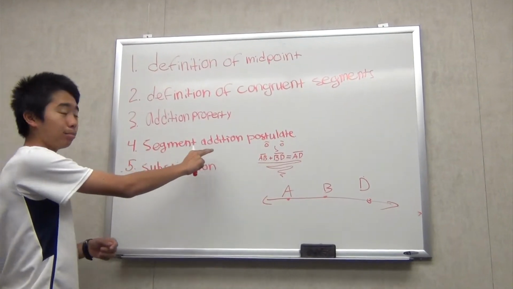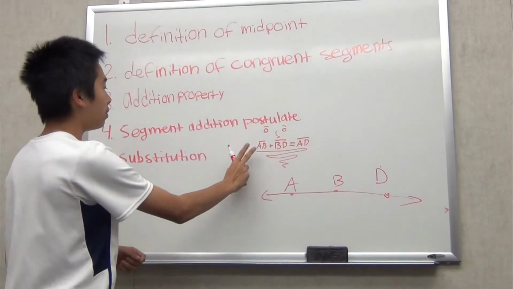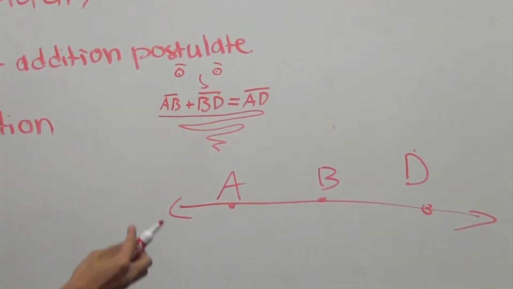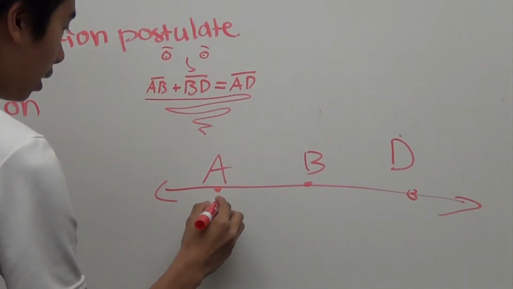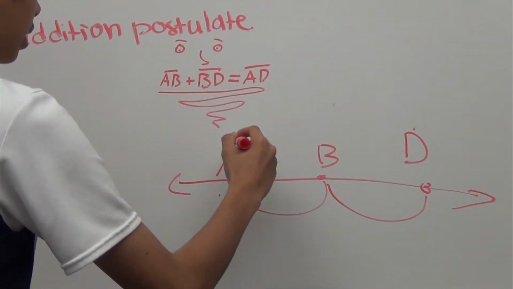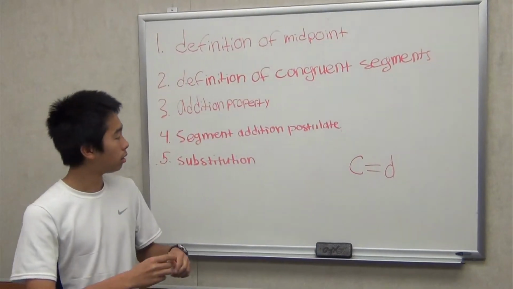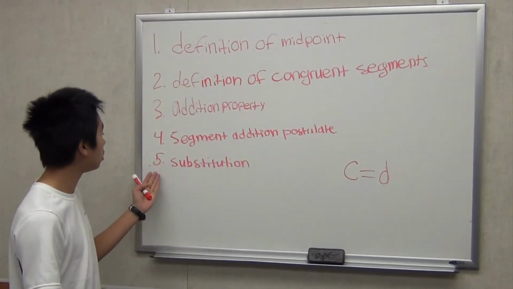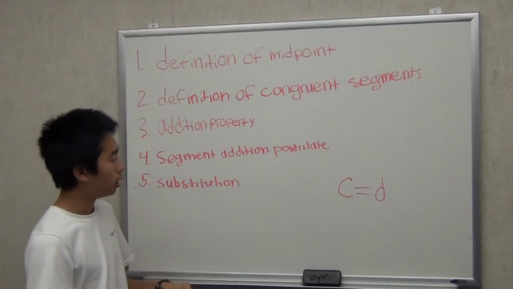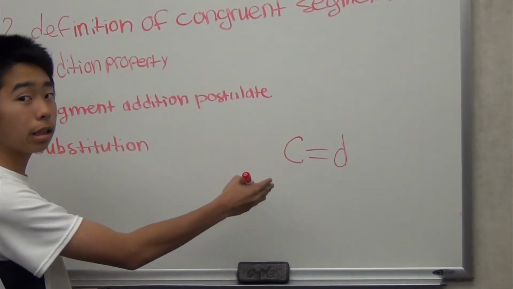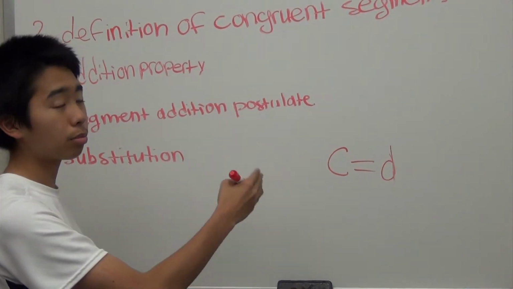The segment addition postulate states that segment AB plus BD equals AD. Okay, so last part we will be talking about today is substitution. So, if C equals D, then C may be replaced by D in any expression or equation.